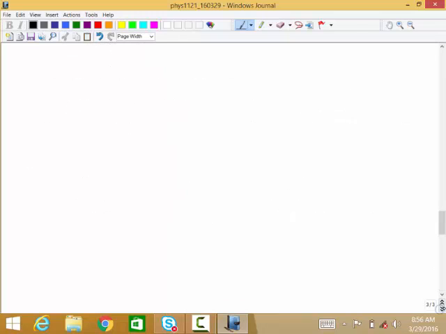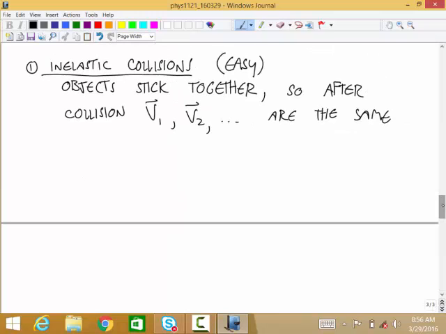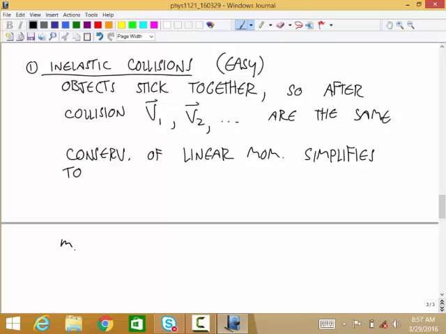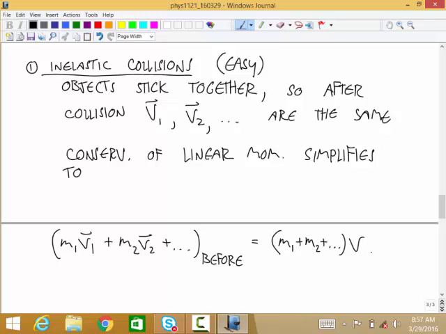Okay, so you can write conservation of linear momentum as simplifies to m1v1 plus m2v2 plus however many you have before the collision is equal to, if they all have the same velocities, you can simplify this as m1 plus m2 plus however many you have times v after.